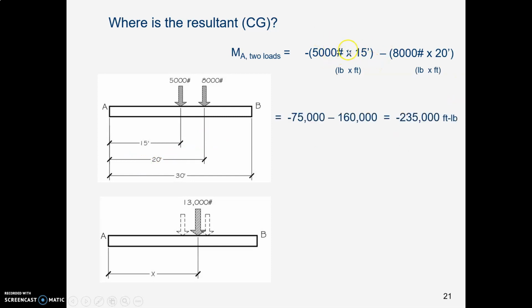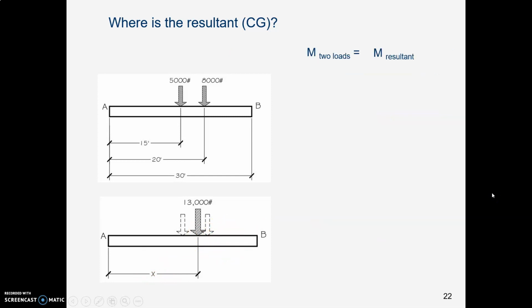So getting out our calculator and crunching these numbers, negative 75,000, negative 160,000 equals the total moment caused by those 2 forces, negative 235,000 foot-pounds. All right, the moment caused by the individual loads is the same as the moment caused by the resultant. So the resultant must have a moment of negative 235,000 foot-pounds.